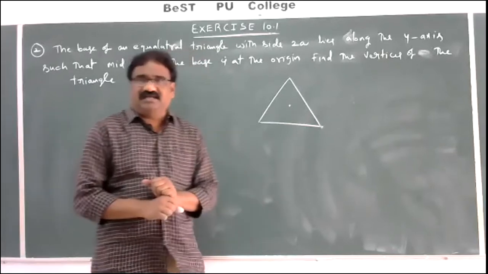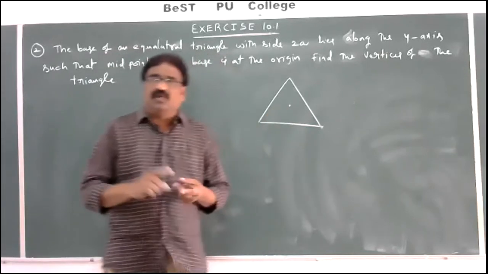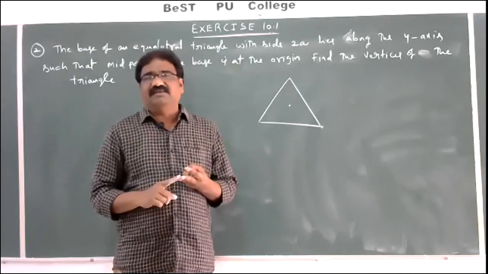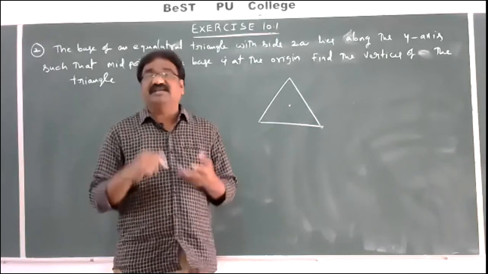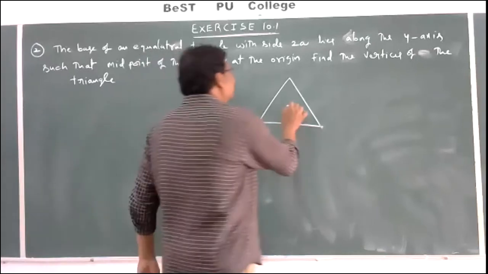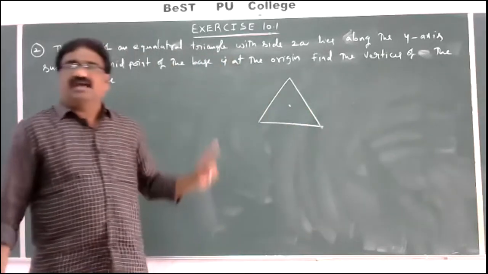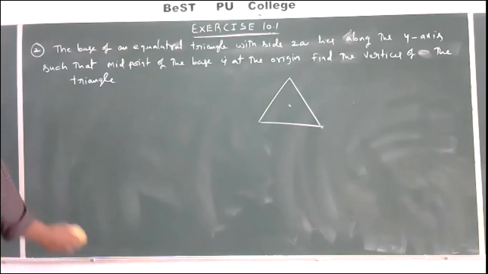Yes, the principal sir already discussed what is meant by orthocenter, circumcenter, centroid and incenter. So in an equilateral triangle, all coincide at one point. Yes, you know that.